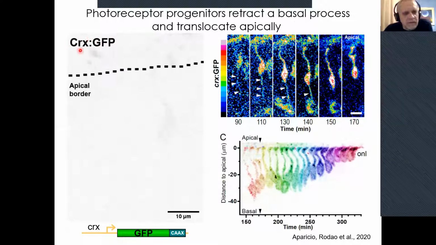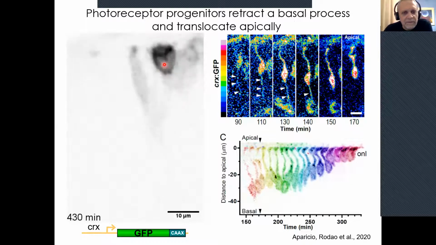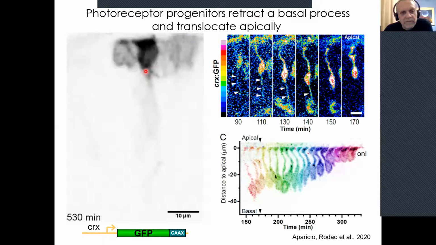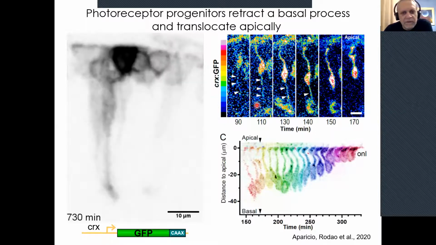Actually, this was originally given to us by Rachel Wong, which has a very early expression, and we can follow, in this case, an isolated photoreceptor progenitor, which has retracted its basal process, which we see here.